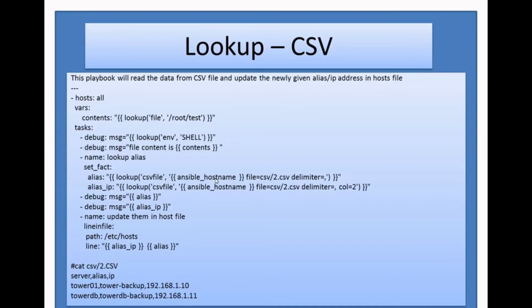So if the host name is matched, it's going to return my alias name. Next, I'm grabbing the IP address. If the host name is matched, give me the second column value, so the IP address will be assigned to the alias IP. I hope you understand. If I come to the tower.db server, the alias will be set here and the IP address will be set here. When I run the playbook on the server, it's going to put the entry in IP address and alias format.